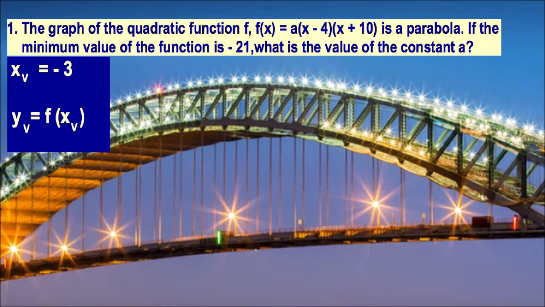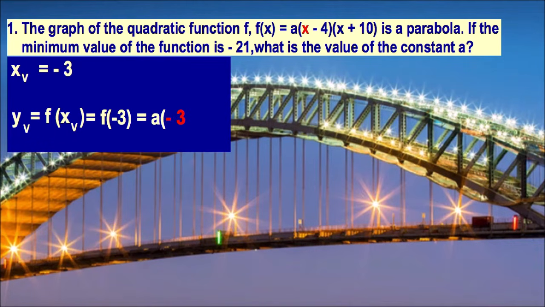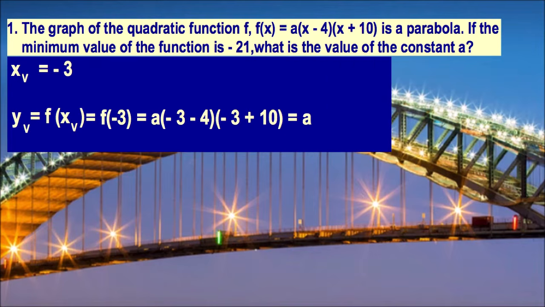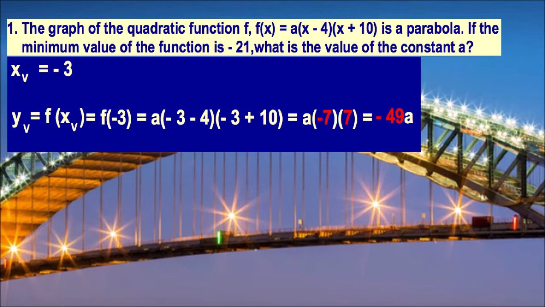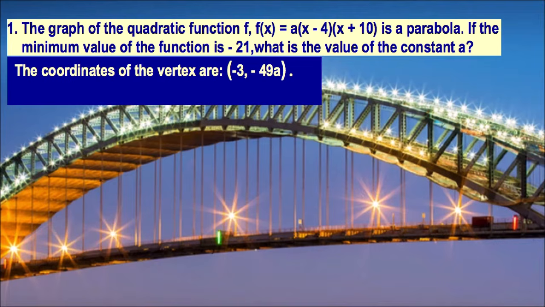Now, our y-vertex is f of x-vertex, which is f of -3, which equals a times the quantity (-3 - 4), times the quantity (-3 + 10), which equals a multiplied by -7 multiplied by 7, which equals -49a. The coordinates of the vertex are (-3, -49a).